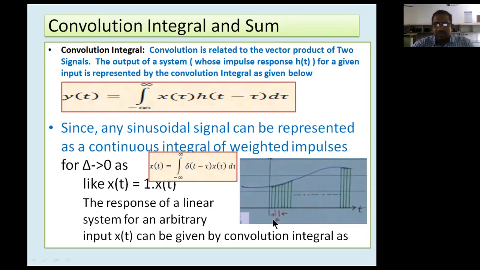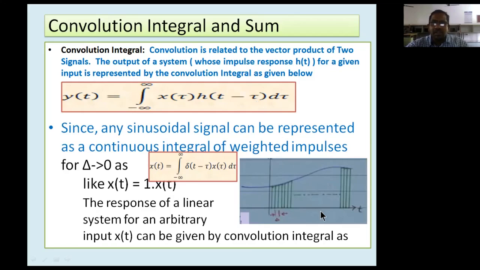As delta tends to 0, we get a perfect convolution of the signal. This value of signal x of t is multiplied with the system response at every instance of tau. Then we say that we have got a convolution of the signal.